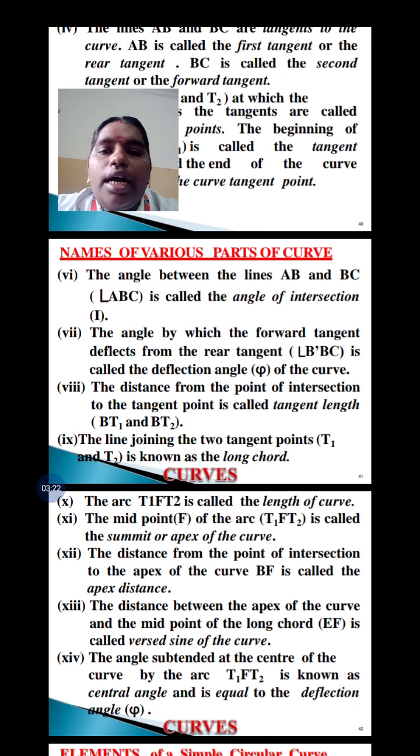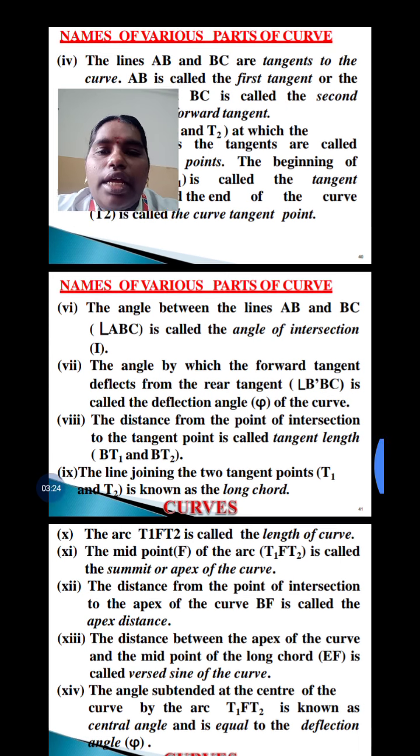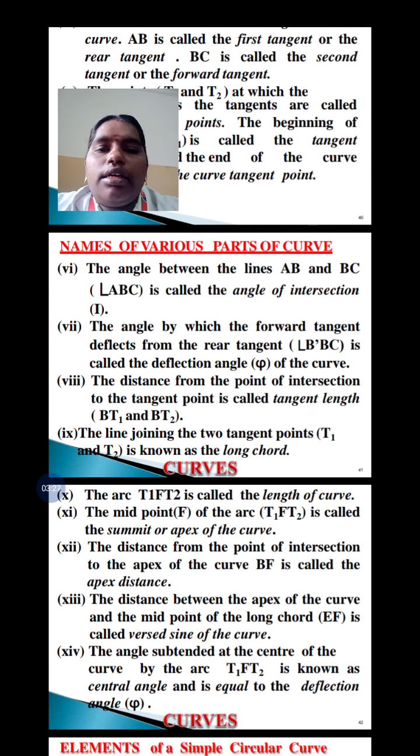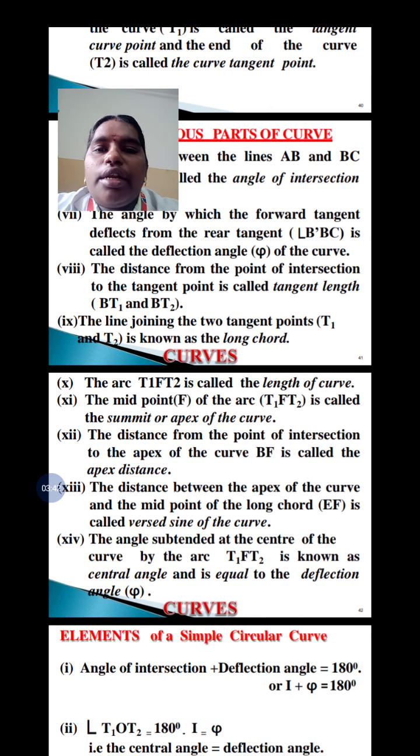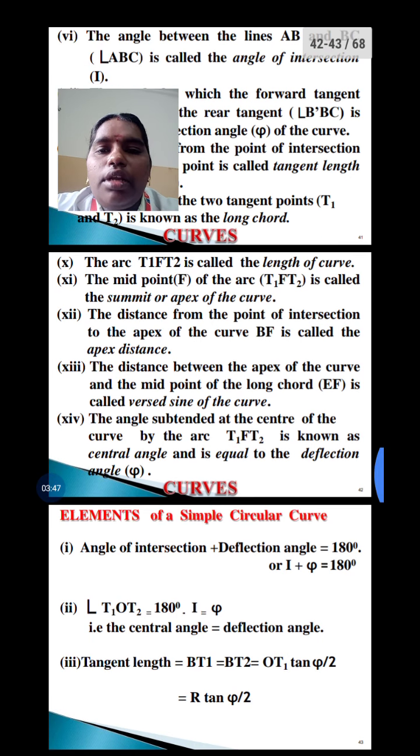And then angle ABC is the angle of intersection I, and angle B dash BC is called the deflection angle. The distances from the point of intersection to the tangent points, BT1 and BT2, are called tangent length. The line joining the two tangent points T1 and T2 is called the long chord. The arc T1 F T2 is called the length of curve.